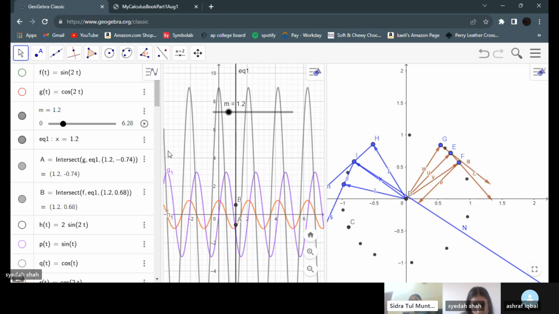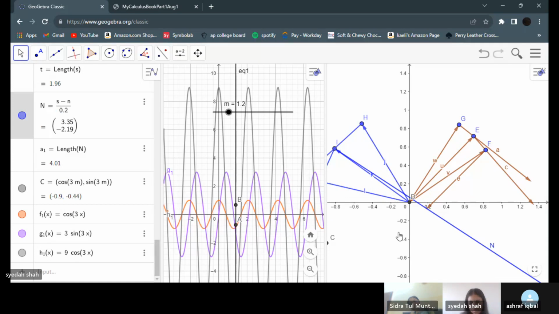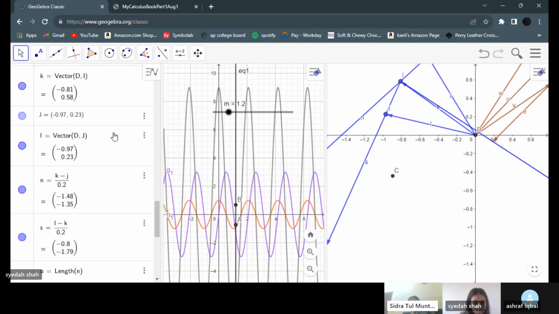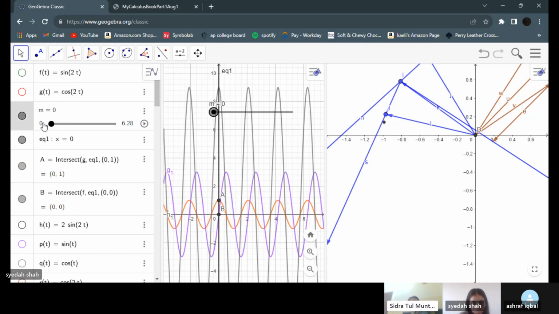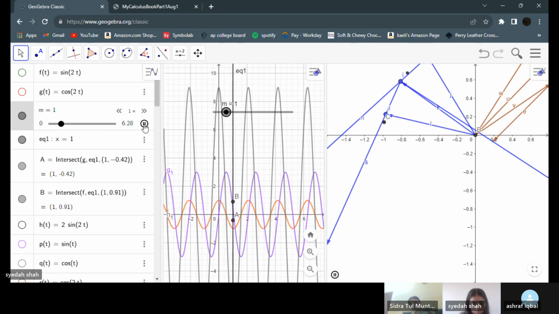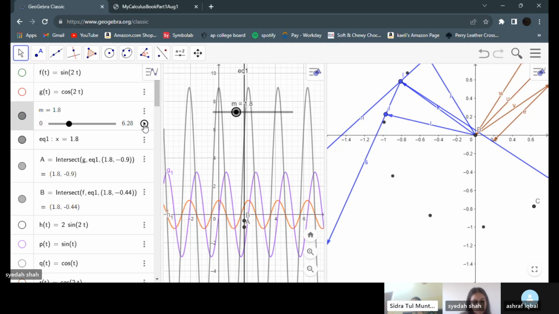Actually, we want it only one time in the third quadrant. So you can move the screen a bit and again trace the circle. First take it to 0. Now start tracing. Okay, yes.